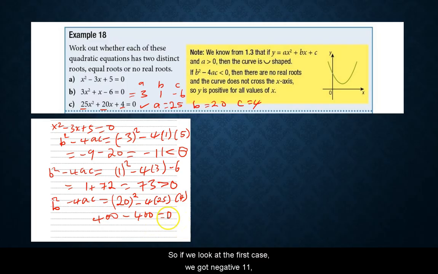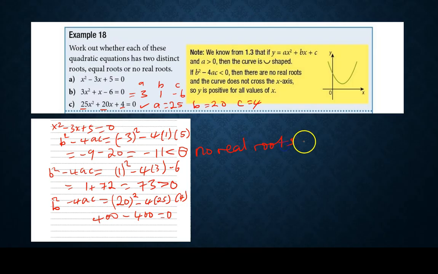So if we look at the first case, we got negative 11, which is less than 0. It means that no real root. If you look at the second one, it is 73, which is greater than 0.